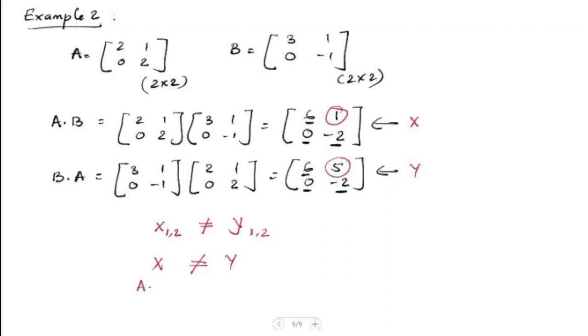X is actually A times B and Y is B times A. They are not equal. Proved again with elements. Now even if the result matrix sizes are the same, here 2 by 2 and 2 by 2, if the elements are different, of course the result is not the same, and so they can never be the same. That's what it says. Matrix multiplication is not commutative.